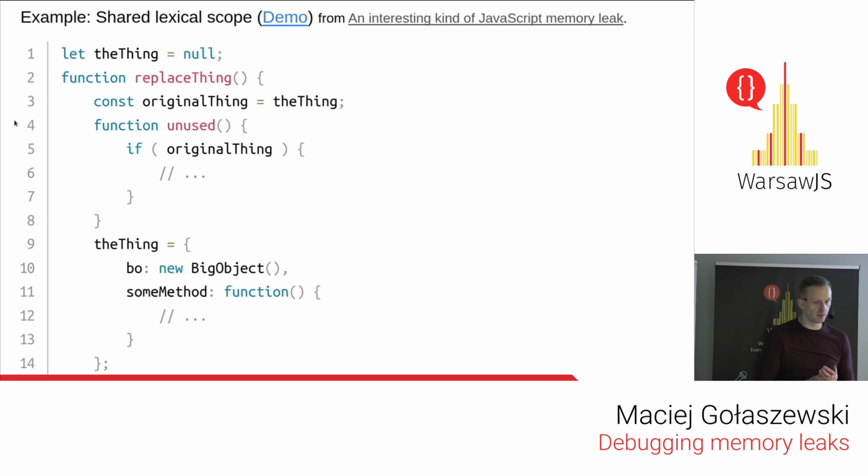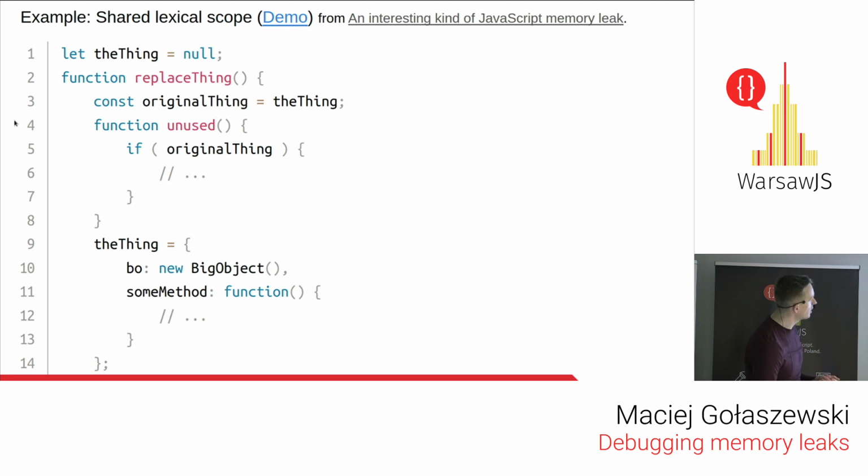Now it defines the method unused, which is supposed to do something with this reference on the original thing. This function is never used anywhere, so you might think that this reference also shouldn't be needed. And after that, the new value is assigned to the thing, with some properties and another method, which actually doesn't use any other things from the scope.